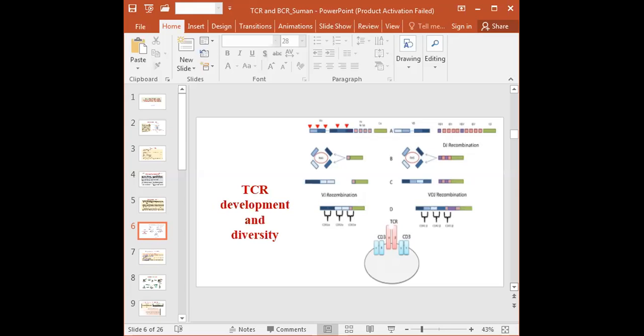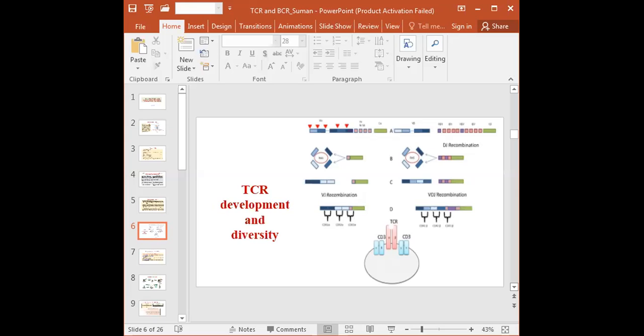The TCR beta gene locus contains variable, diversity and joining gene segments, V beta, D beta and J beta, whereas the TCR alpha locus contains V alpha and J alpha segments.